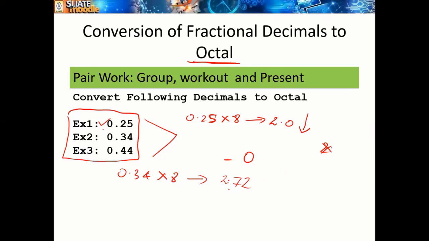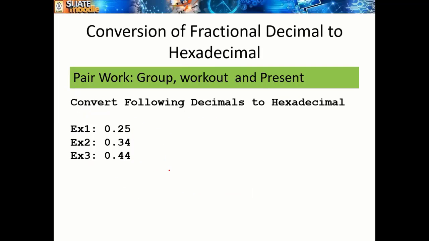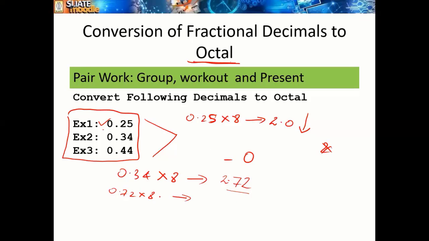So you have to take this 0.72, multiplied by 8, you will get 5.76. Then you do it again. Then what you have to do is put 0.25 and so on. It will keep on going, right? So this is the way you have to calculate.